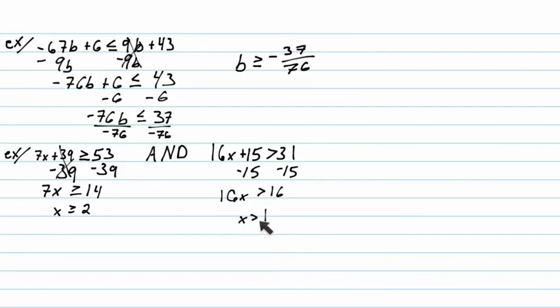Anything that satisfies x is greater than 1 but doesn't satisfy x is greater than or equal to 2 is not part of our solution set because it's got to satisfy both. So that x is greater than 1 doesn't really do anything for us since it's an AND. So my answer would just be that x is greater than or equal to 2.